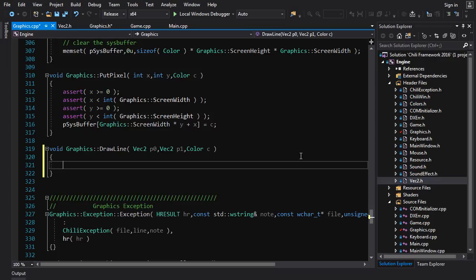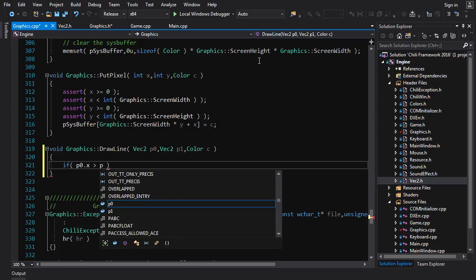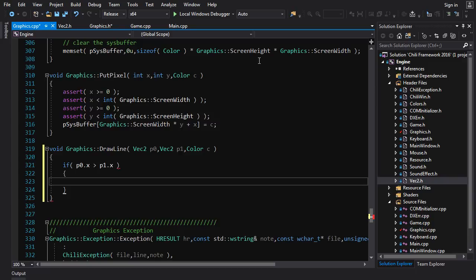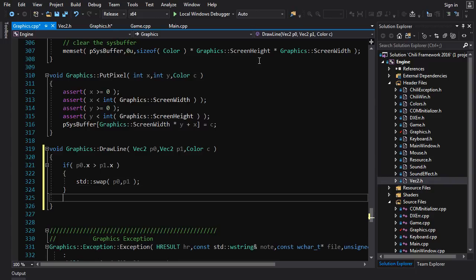And what we want to do is if p0.x is greater than p1.x, so if it is on the right of p1, then we want to do std::swap p0 p1. That's not a p. There we go. And that should get them in the correct order.